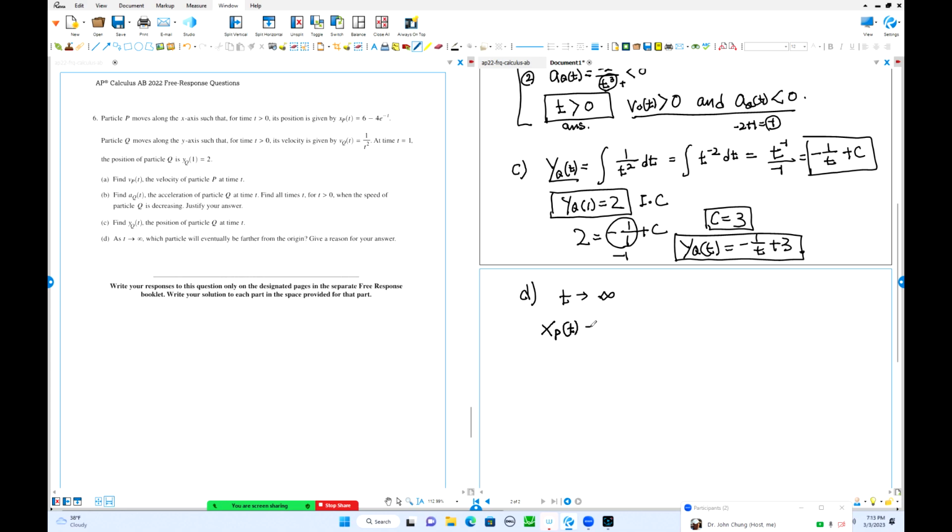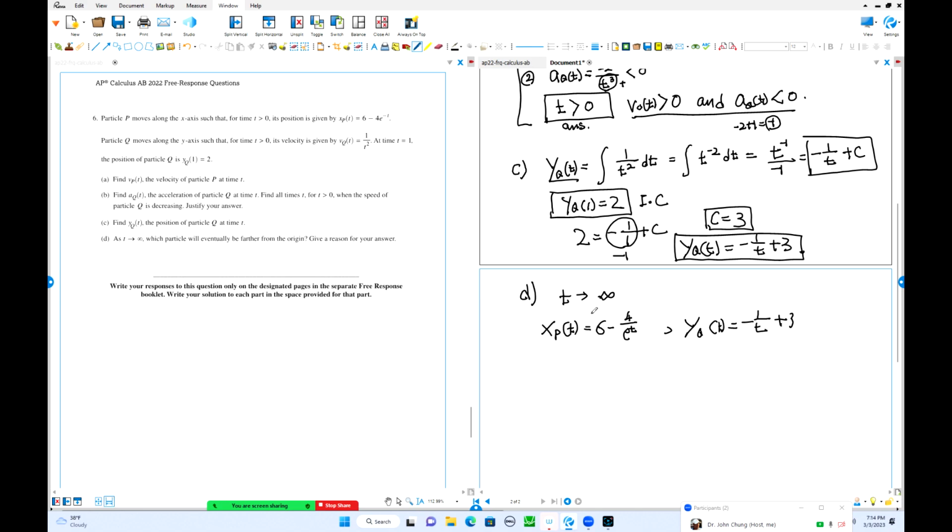Particle P position is 6 minus 4 e to the t, which is 4 over e to the t, right? Same thing. And the particle Q position function is what we already got over here: negative 1 over t plus 3, isn't it? Are you okay with this? Yeah.